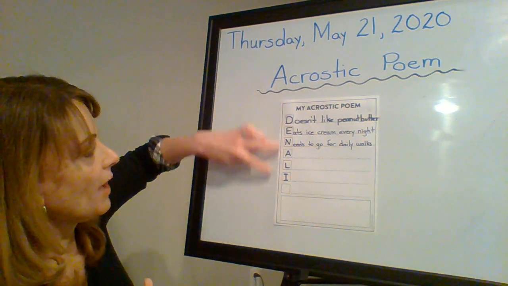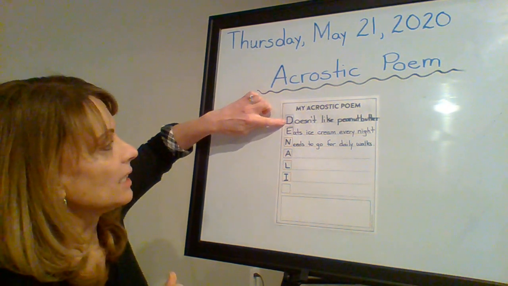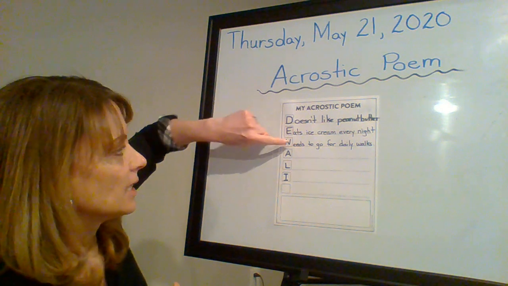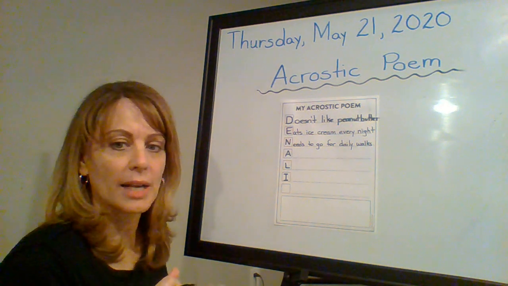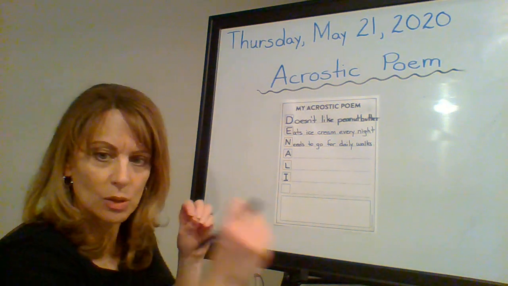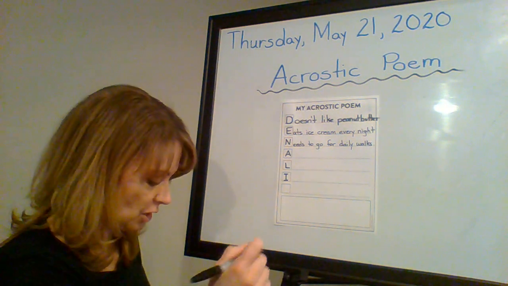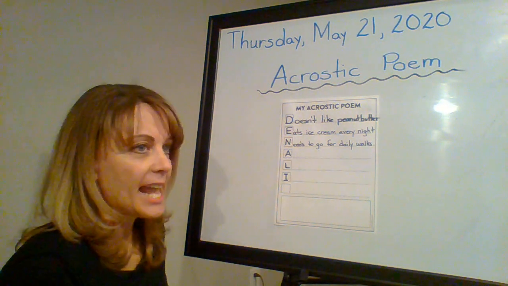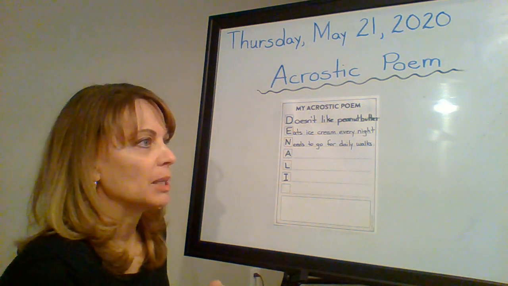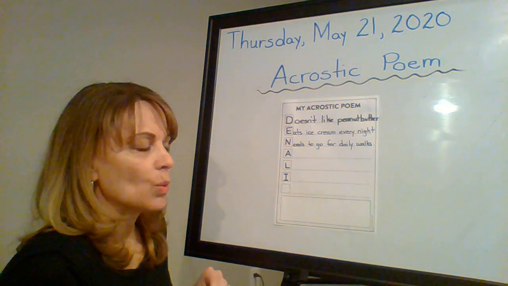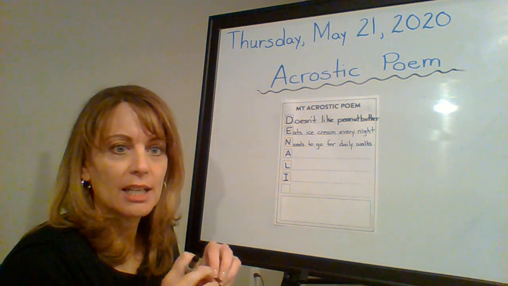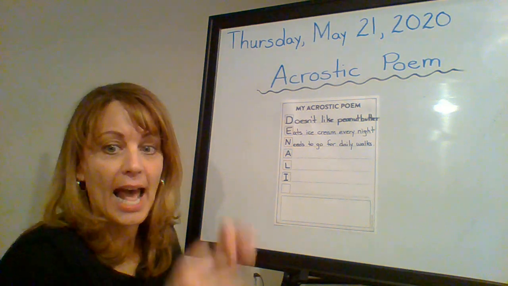So far I have half his letters. D, doesn't like peanut butter, eats ice cream every night, needs to go for daily walks. So you notice I didn't just say one word. I actually used phrases that would help to describe him. A, well, I got to A and I was really kind of laughing because when he sees another animal in the yard and he chases it, he tends to act like a bunny.